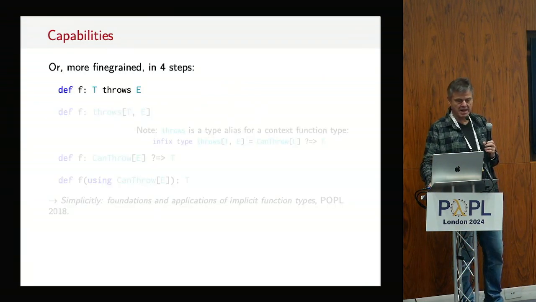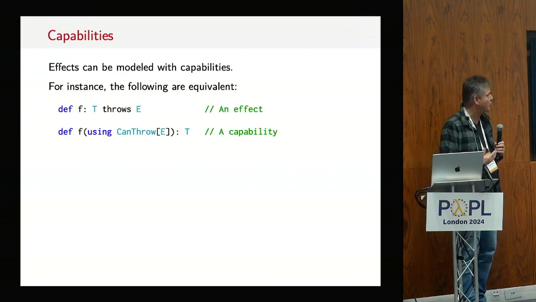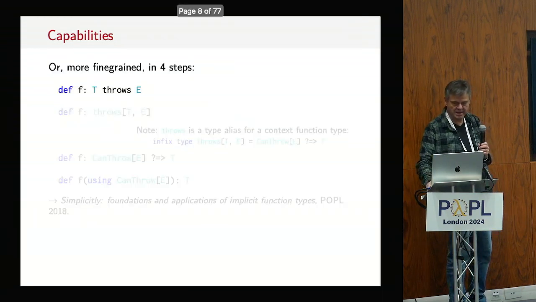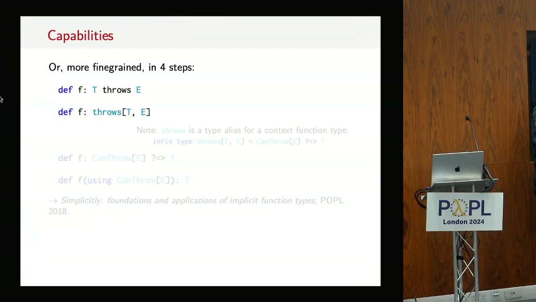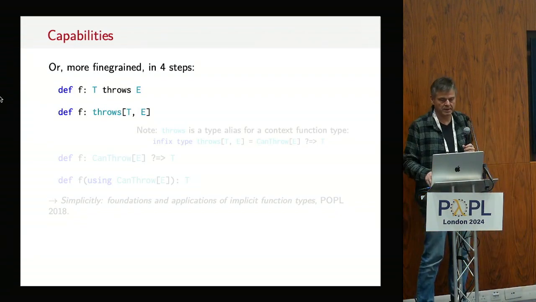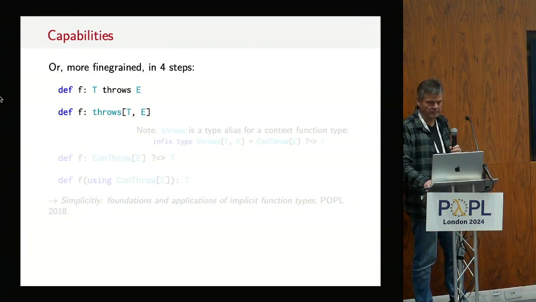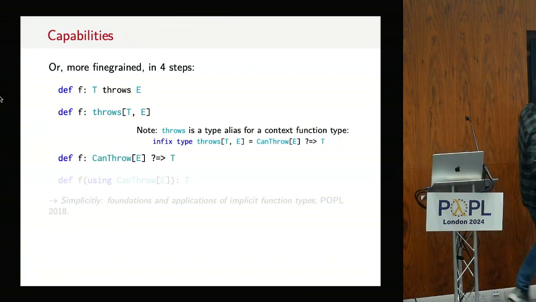The thing is actually closer than just philosophically. There's a way to get from one to the other in 4 steps in Scala. If you write T throws E, it's an infix type, so it's throws[T, E]. It's a type that has two components, the type T and the E, the exception. That alias throws is actually an alias for what we call a context function type.